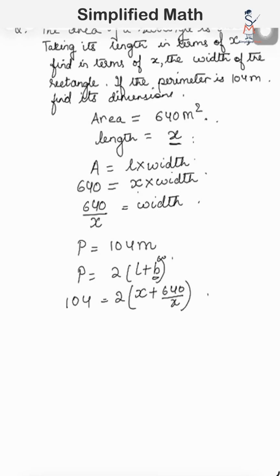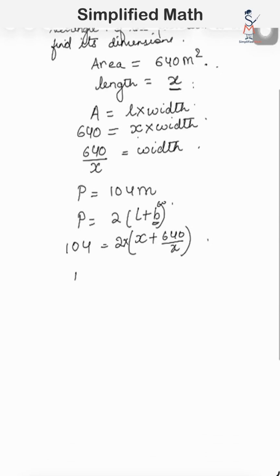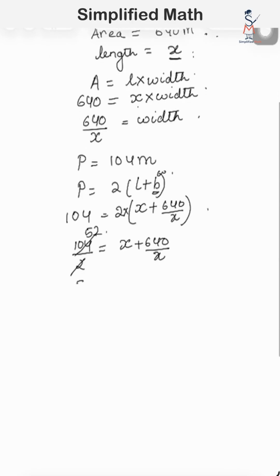So this is 2 into this whole term. So 2 can go that side and become divide, is equal to x plus 640 upon x. This will become 52. So now 52 is equal to x plus 640 upon x.